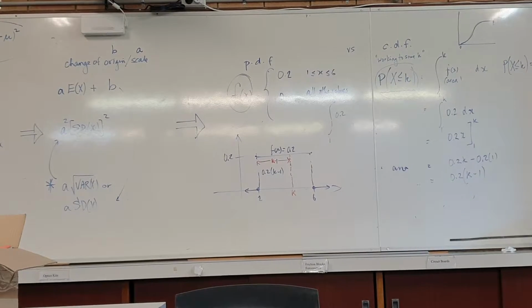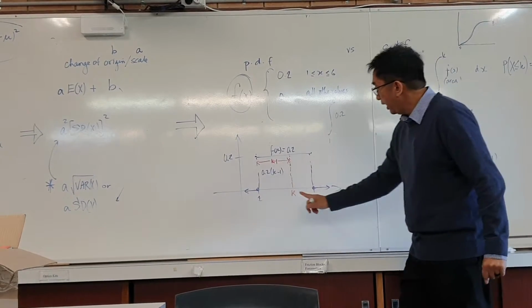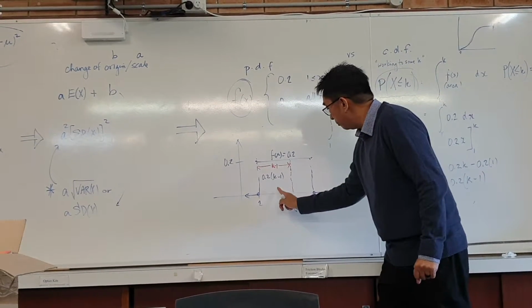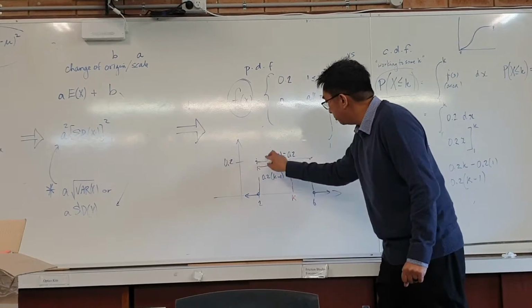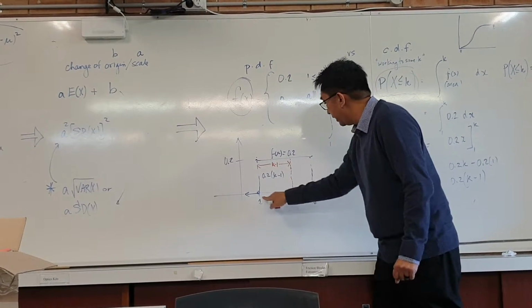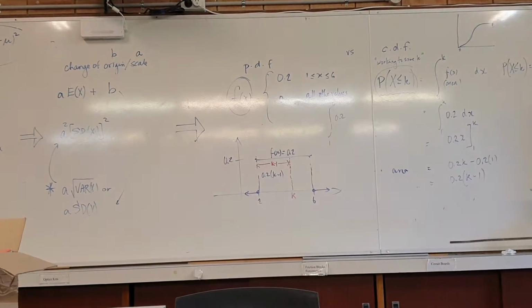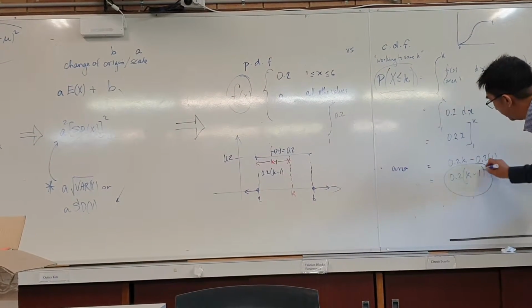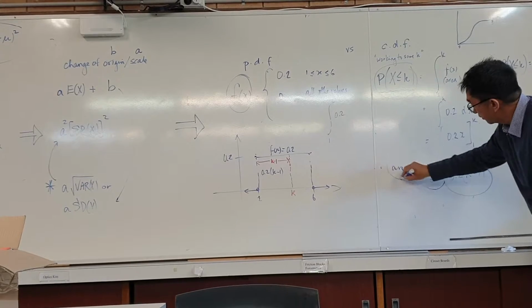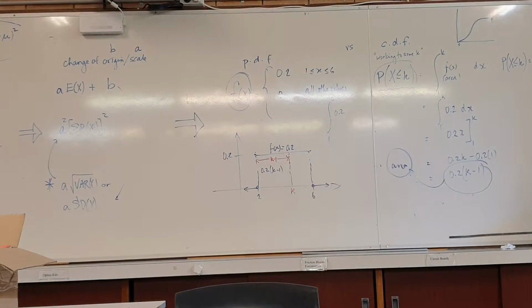Yes? Which means any value here, as I go up, I can calculate any particular area between k and 1. Yes? All right. So this equation here gives me the area.